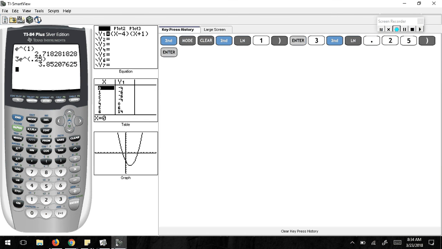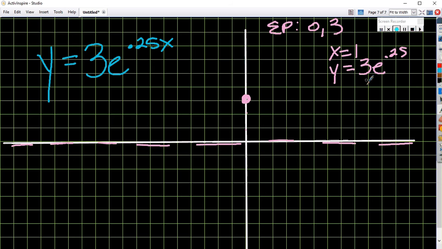If we used 2.71, we'd be a point or 2 off. So about 3.9, round up to 4. So 1, 3.9.